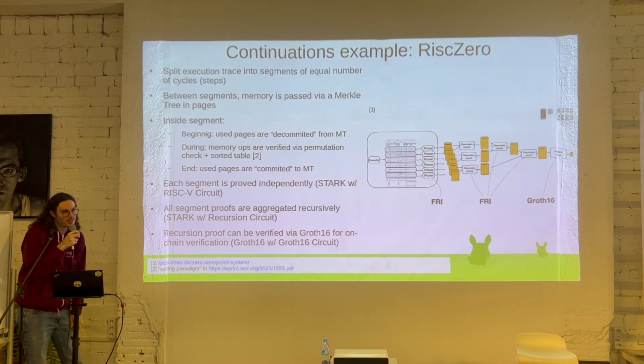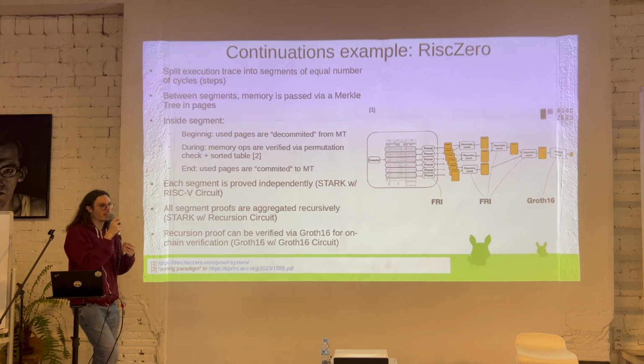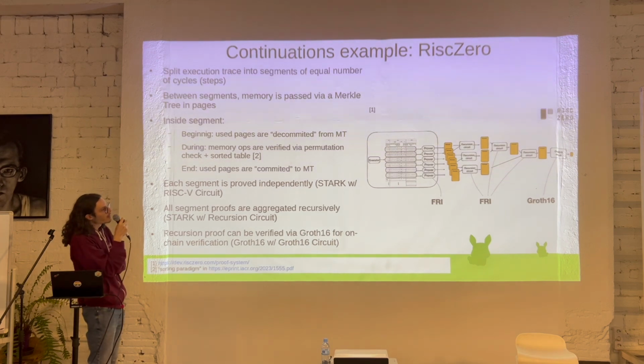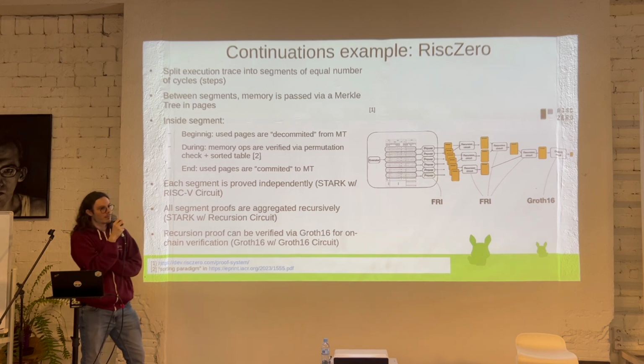Yeah, but you have to prove at least the ordering, because otherwise I could take a segment and substitute it for another one that I'm interested in. Let's say I'm a malicious prover. I take the third segment and substitute it for a different one, or I can swap two segments and still prove this execution, which is completely different.